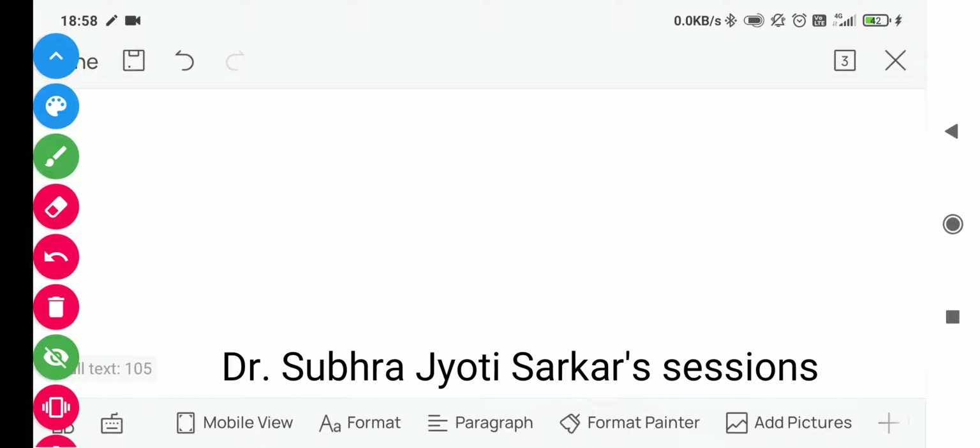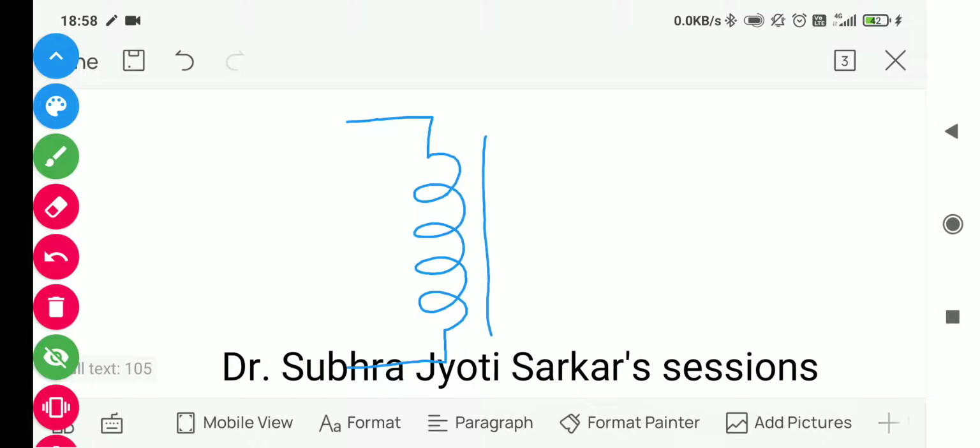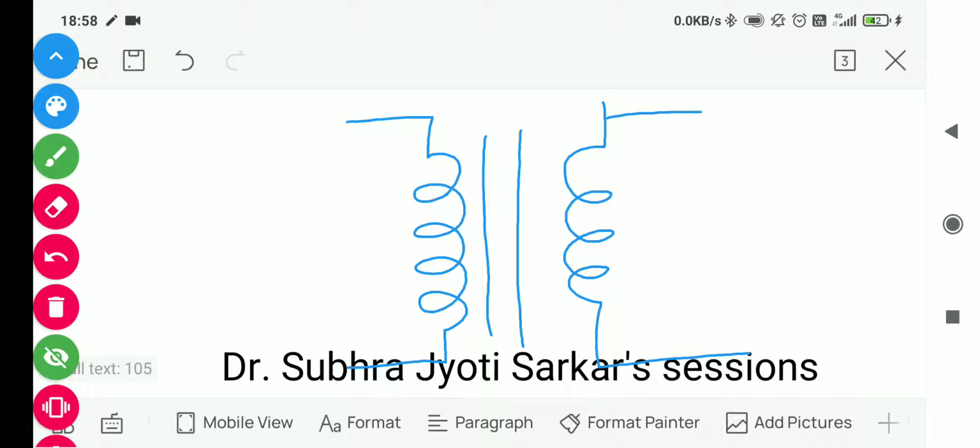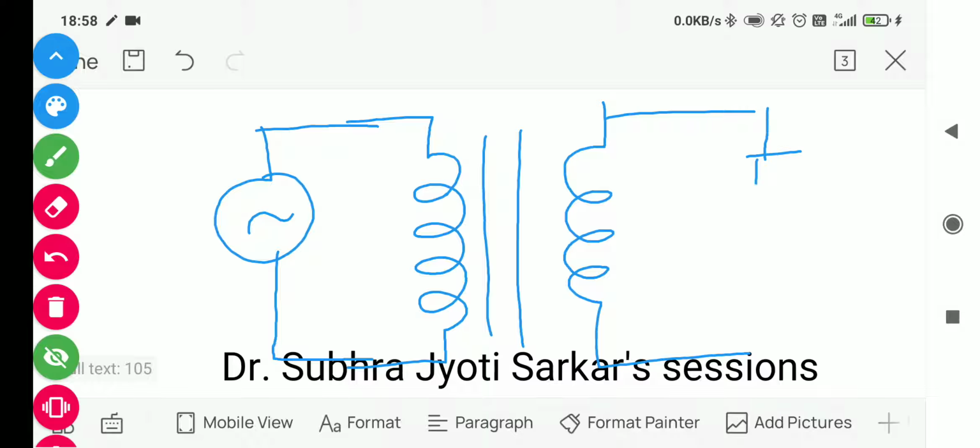So what we had discussed is that the transformer is represented like this. This is, suppose, the primary winding, and this is the secondary winding, while the load is connected.